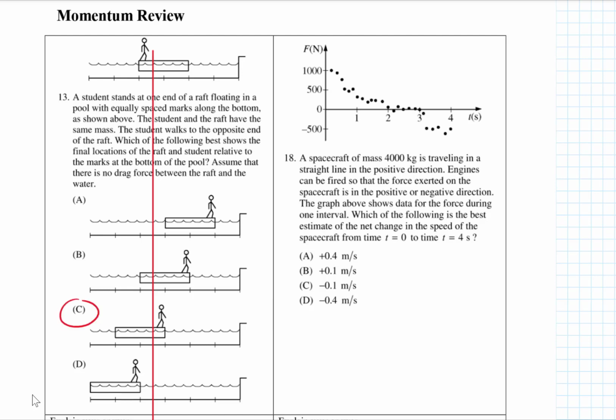Now, if the center of mass of the system doesn't move, then it's always going to be there. The boy is going to walk to the other end of the boat, and the center of mass of the system is going to stay on that red line. Now, no matter where the boy is, the center of mass is going to be in between the boy and the center of the boat. The only place we see that happening is choice C.